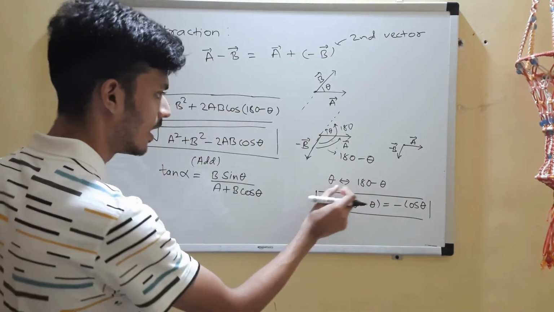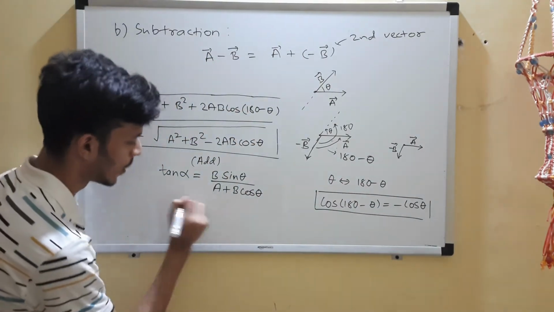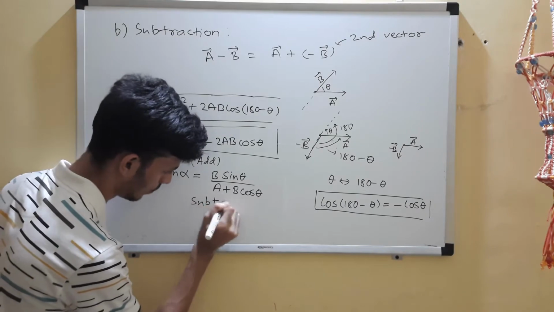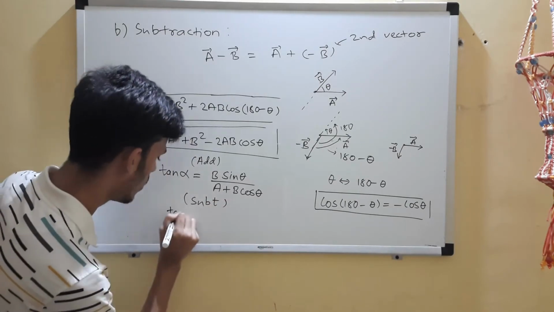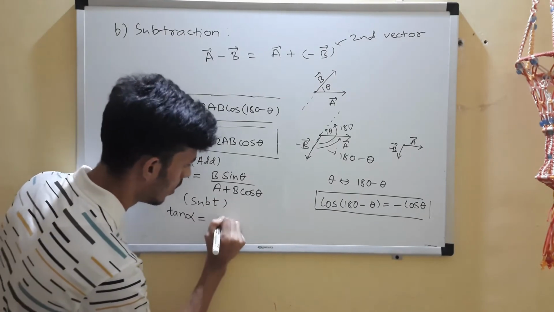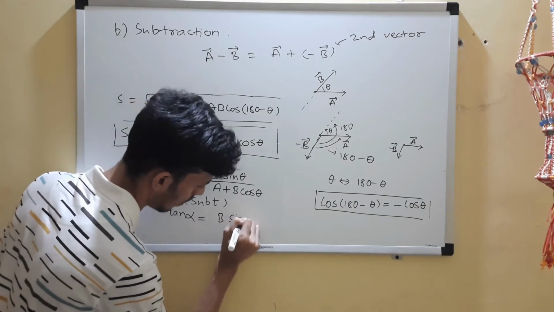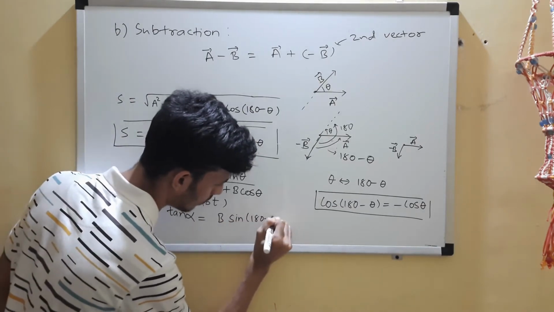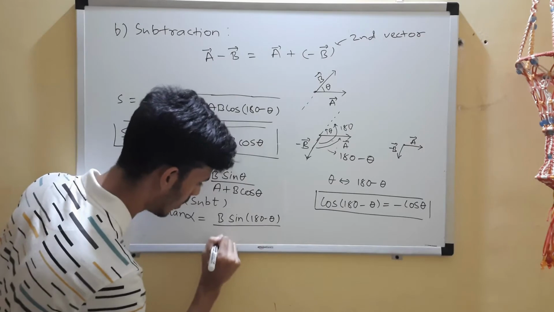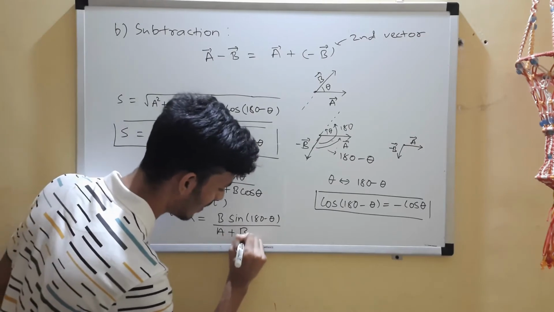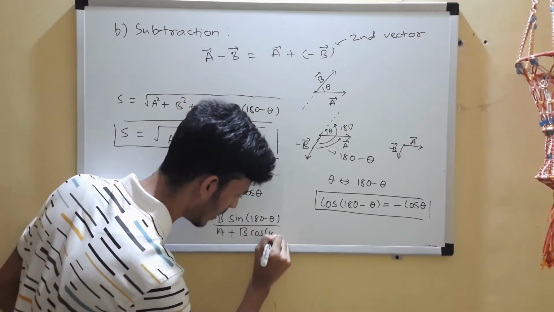We have to replace theta with 180 minus theta. Tan of alpha will be b sine of 180 minus theta upon a plus b cos of 180 minus theta.